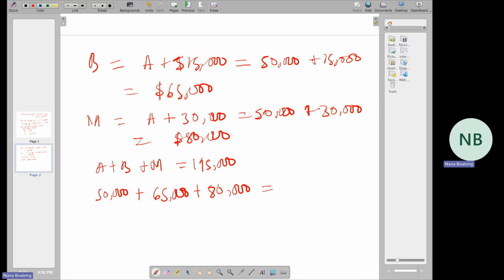If we add these three up, we get $195,000. So that tells us our solution is correct. All right, so let's move on to the next example. Let me share my slide again.